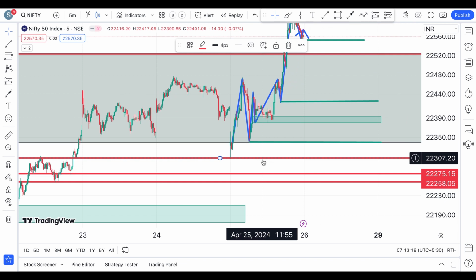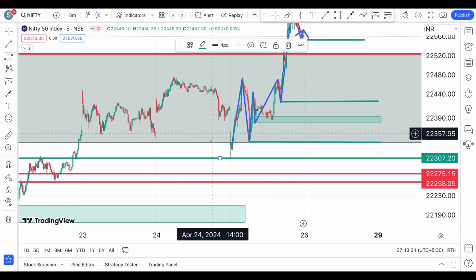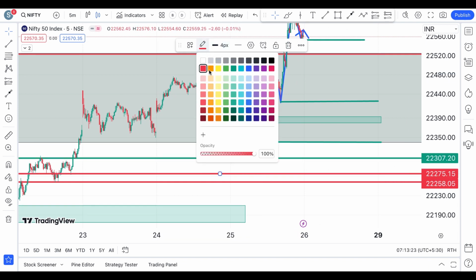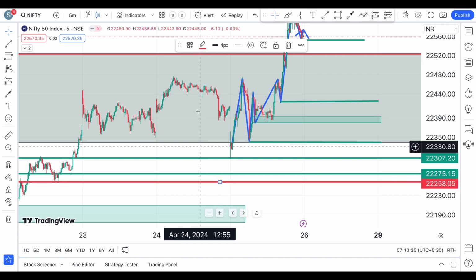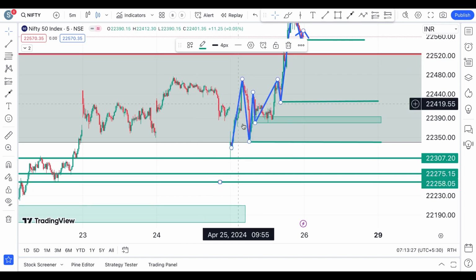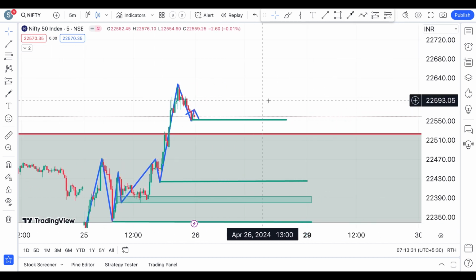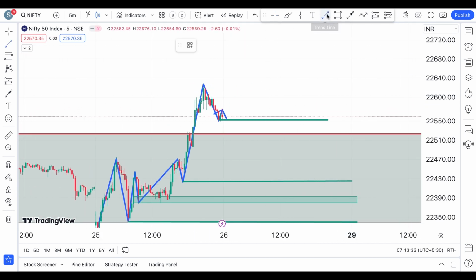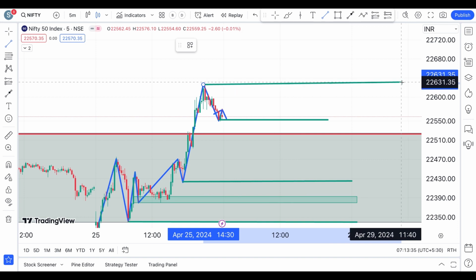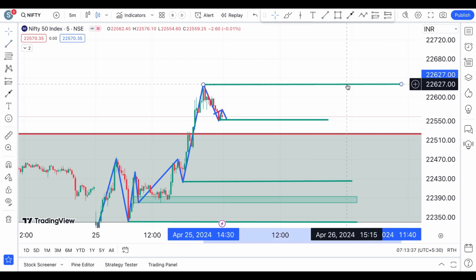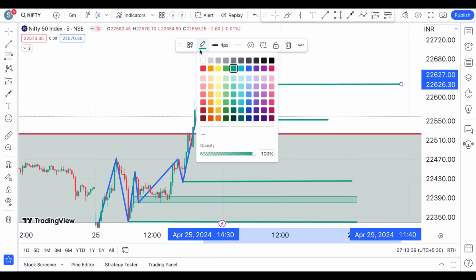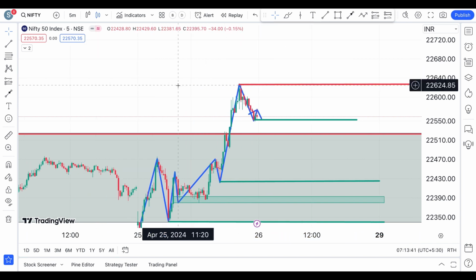If you are looking towards the downside, all these levels are going to act as resistance levels if you are again encountering these levels from the bottom. But let's also look at the resistance levels. And when it comes to the resistance levels, of course, this is going to be acting as a stronger resistance level if you are seeing the momentum coming from the bottom. That's why it's marked as red.